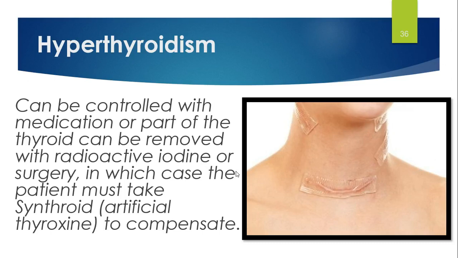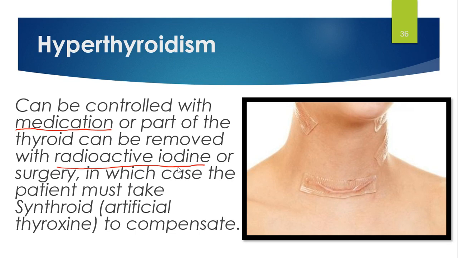So hyperthyroidism can be controlled with medication, which would block the secretion of thyroxine. Okay, surgery can remove some of the thyroid, and then radioactive iodine. So I mentioned earlier that iodine is really only used in your body, in your thyroid, to produce thyroxine.